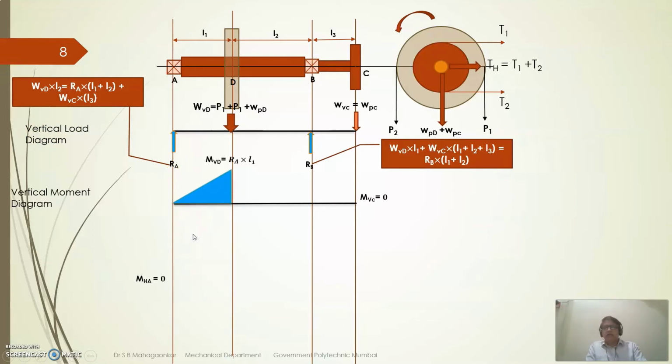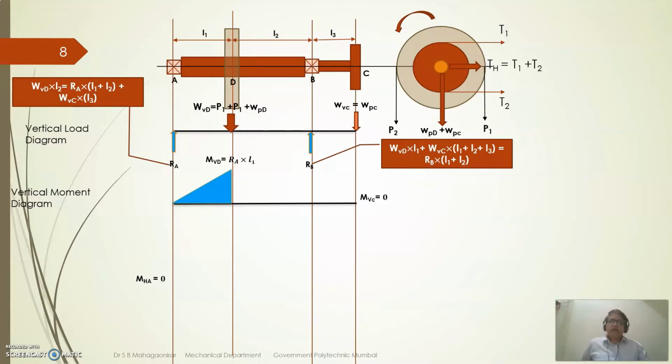When I draw the moment diagram, you may ask, sir, whether we have to draw it upward or downward. It does not matter for the shaft design, because we take the resultant moment as the sum of the squares, whether it is positive or negative. Negative square becomes positive, and positive square again becomes positive.